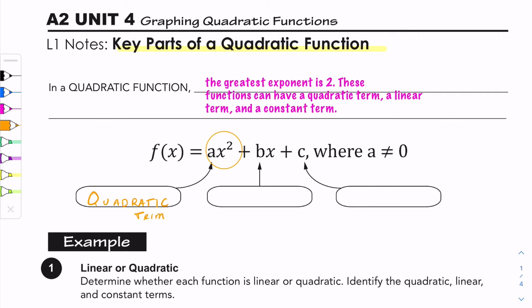Your linear term is always the term that has an exponent of 1. And then lastly, your constant term is the term with no variable.